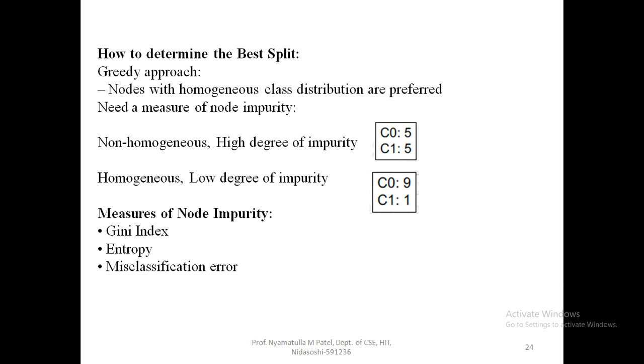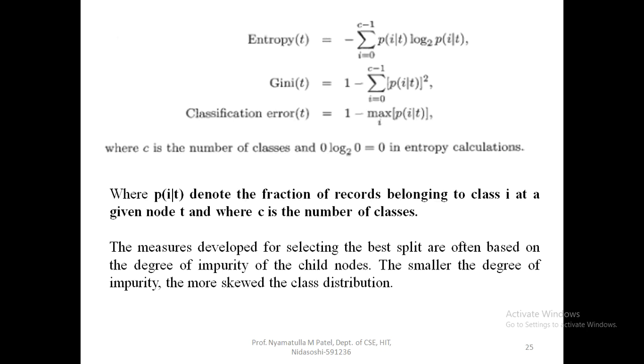Now, what are the measures, how to test the node impurity? There are different measures for measuring the node impurity. One is Gini index, second one is entropy, and third one is misclassification error. So, what is entropy? Entropy of T, the entropy of a split, is equal to minus summation i equal to 0 to C minus 1 of P(i|T) log P(i|T) to the base 2.